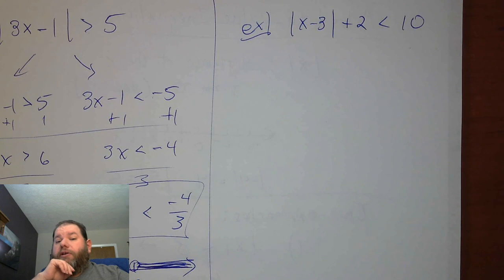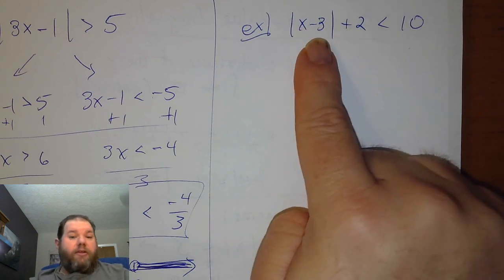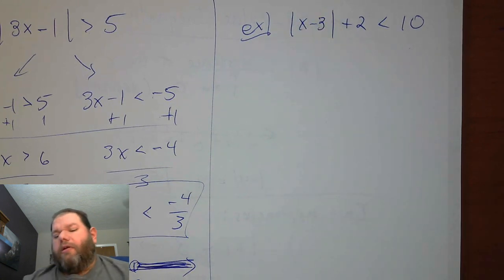We can't interact with anything inside the absolute value until we break it out of the absolute value.